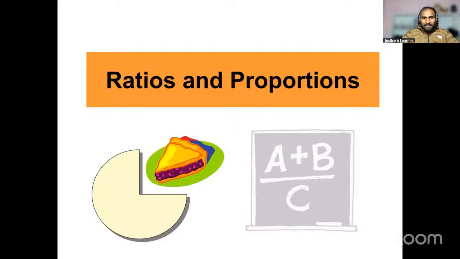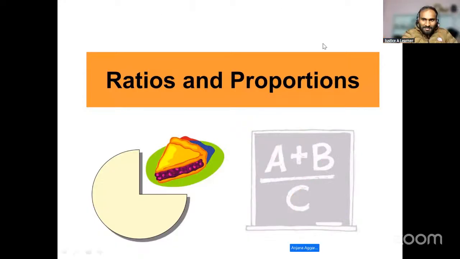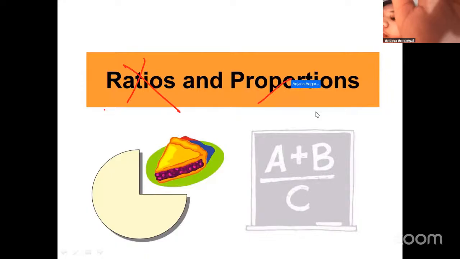So this is pizza, a plus b upon c. Why have I written this? That is just a picture, but you'll understand the importance of it soon. You do not know ratio and proportion, right? I kind of know it. Okay, so what do you see?